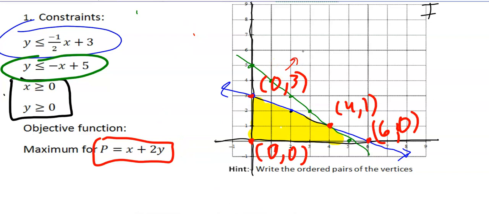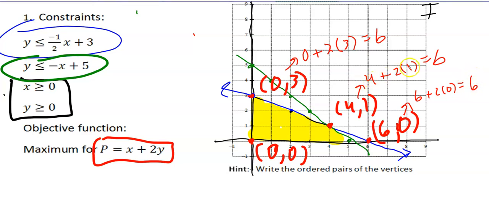So this would be x, which is 0, plus 2 times y, which is 3. So I get 6. This one, when I plug it in, is x, which is 4, plus 2 times y, which is 1, which is also 6. That's unusual. And this one would be 6 plus 2 times 0, which is 6. Let me just double check this.